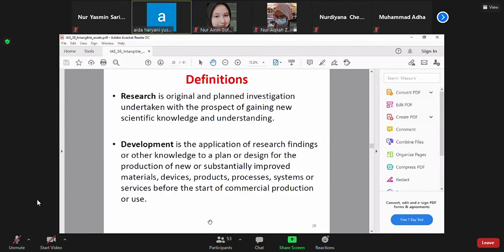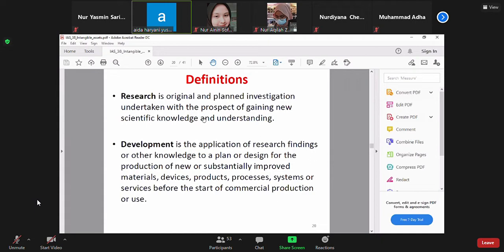So, for research ni, dia ada original and planned investigation undertaken with the prospect of gaining new scientific knowledge and understanding. Now, here I can think of daripada minggu ni, I duk cari apa example yang boleh guna. COVID-19. Bila COVID jadi daripada last year, 2019 kot, end of 2019.